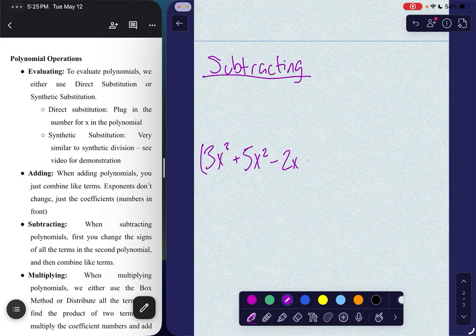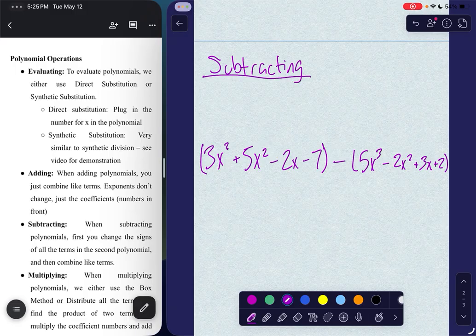Minus 2x minus 7 minus 5x to the 3 minus 2x squared plus 3x plus 2, right?